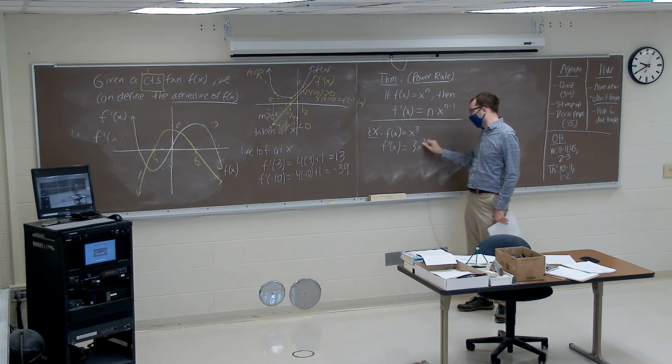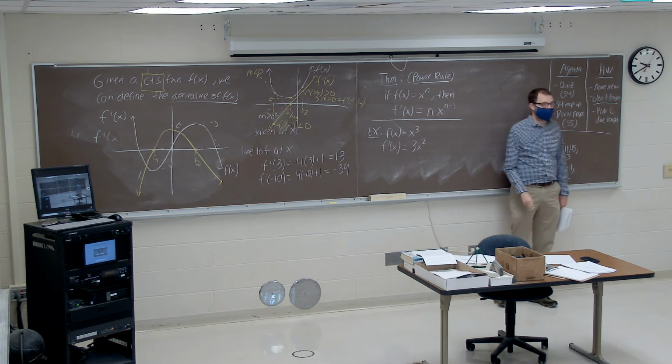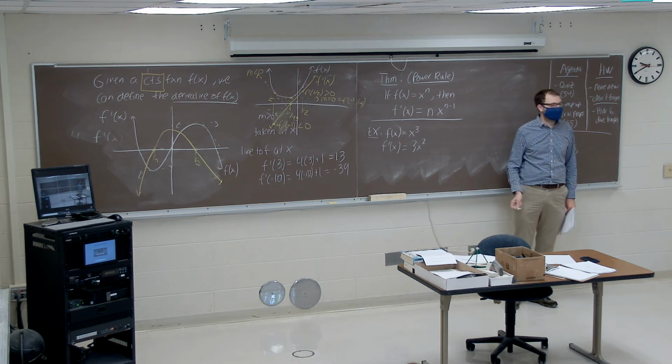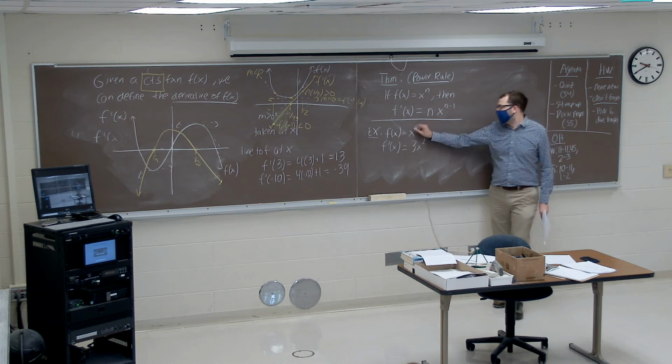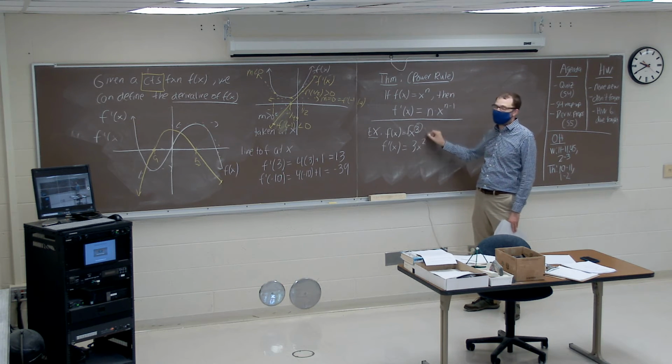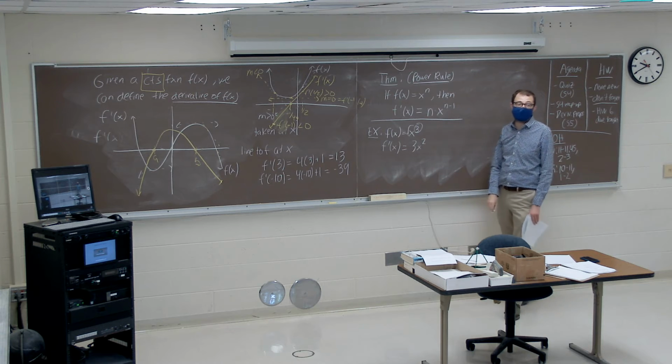I like it. Boom, one line. No need to take limit as h goes to 0 of x plus h quantity cubed minus x cubed all over h. Power rule says, nah, you don't need to do any of that. Pull down the exponent, give us a 3 out in front, and then subtract 1 from it to get x squared now.